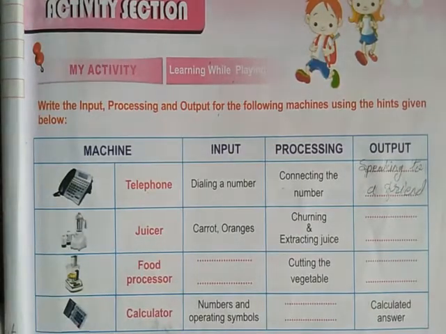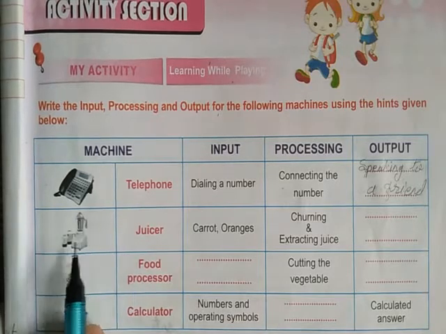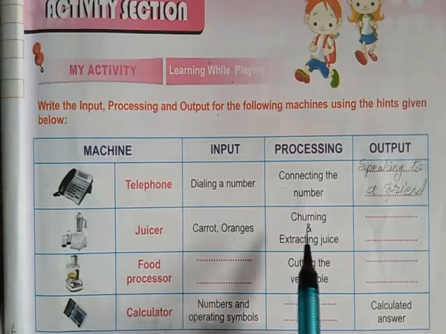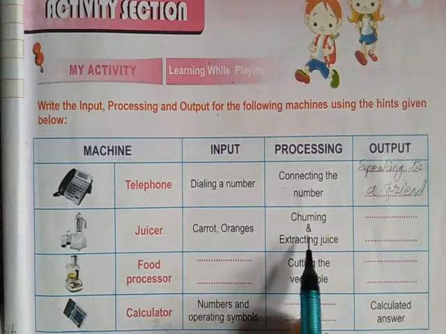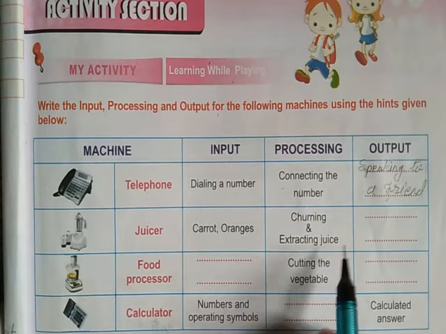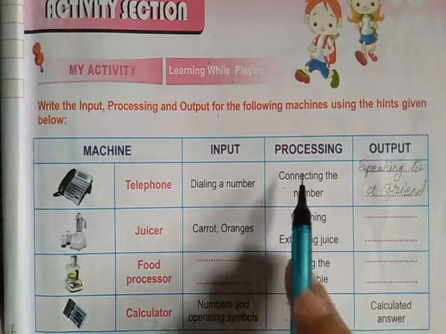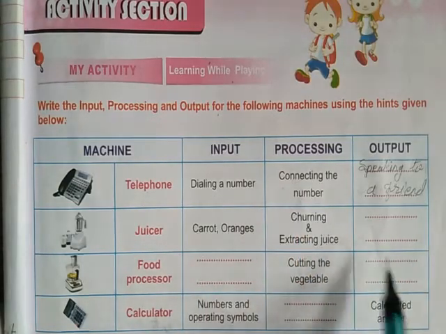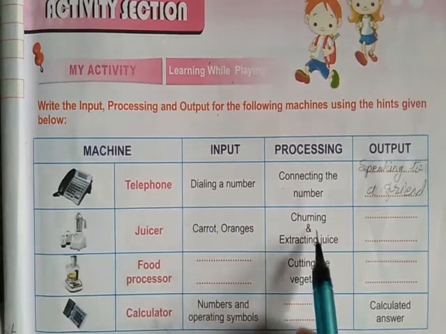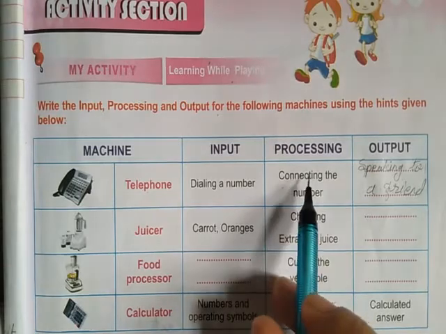Now next is juicer. Which machine is here? Juicer. Input is carrot and orange. And the processing means churning and extracting juice. What is the output? Carrot and orange, that is input. Churning and extracting juice, that is the processing.